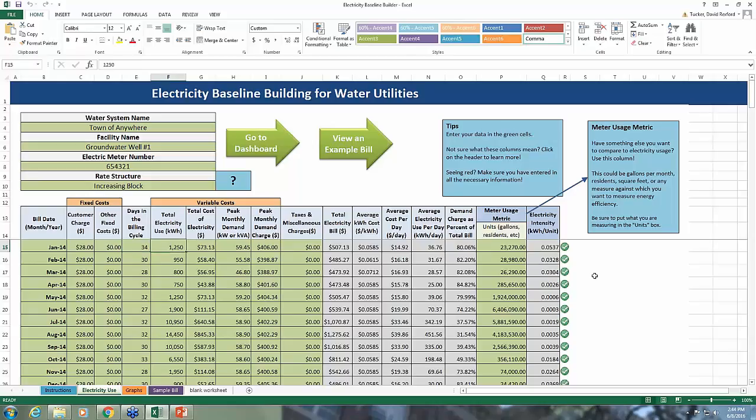Then the variable costs can include things like your total electricity use in kilowatt hours. If all you have for kilowatt hours on your bill is that energy charge, consumption charge, this is where it would go in. Now, we saw some of those surcharges, some of those riders, didn't we, from that example utility.